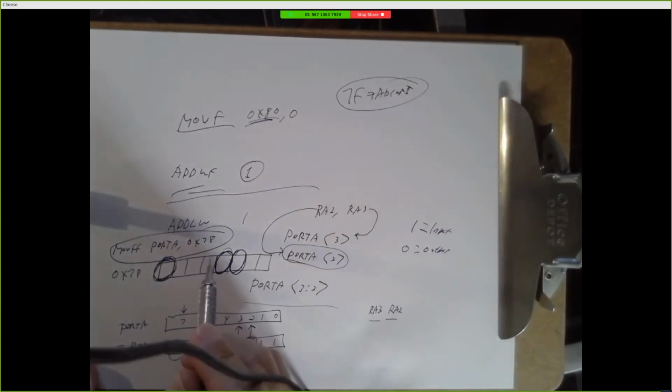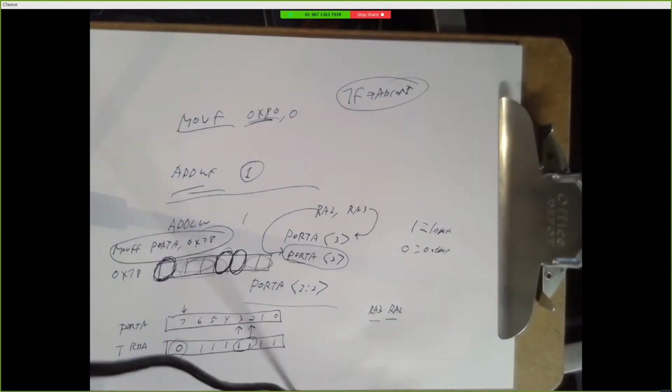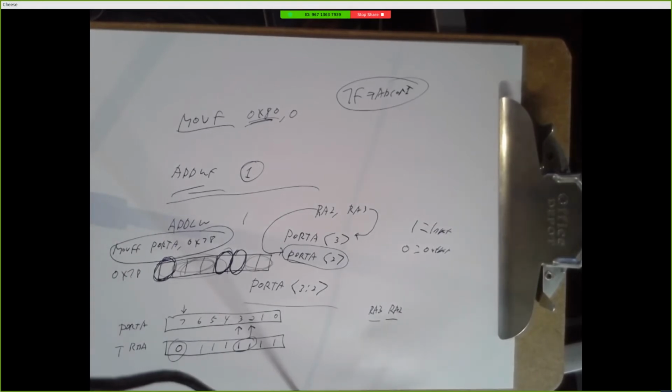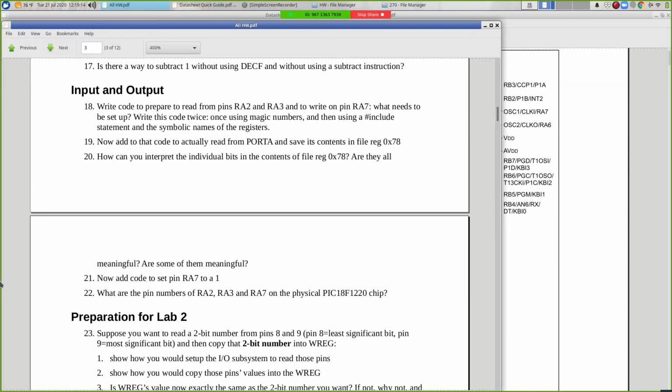And the values of these bits are pretty much completely random to us because we have not specified anything about those pins on the chip. Maybe we've set them up to be inputs and they'll tell us if the voltage levels are high or low, but in this question, we're trying to do input from pins RA2 and RA3, so we're presumably controlling the voltage level on those pins to be something particular.